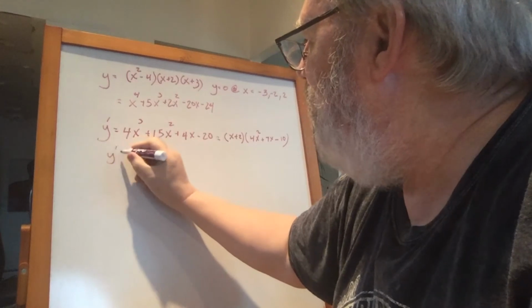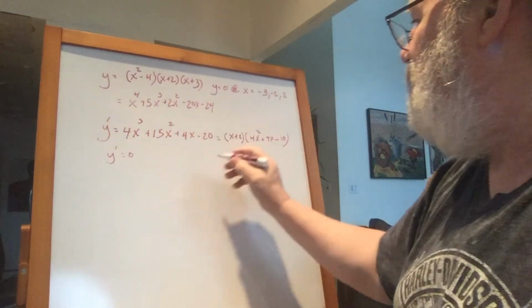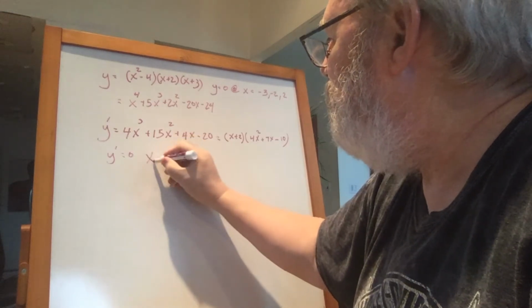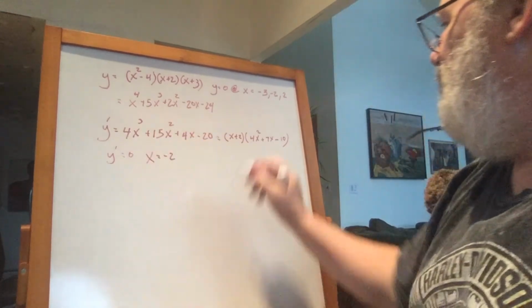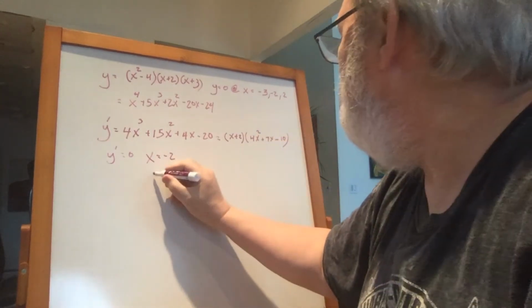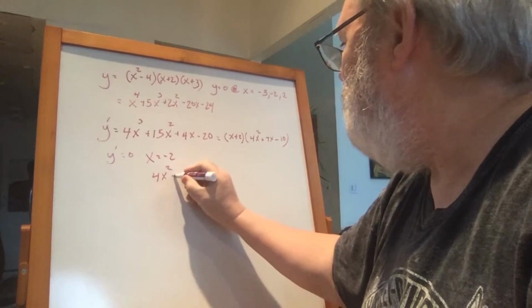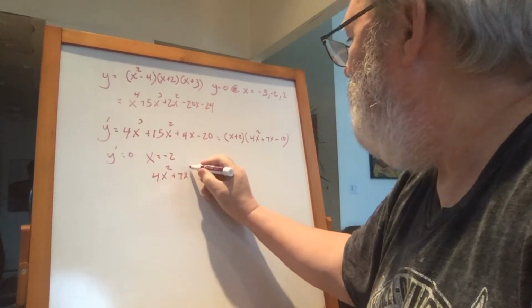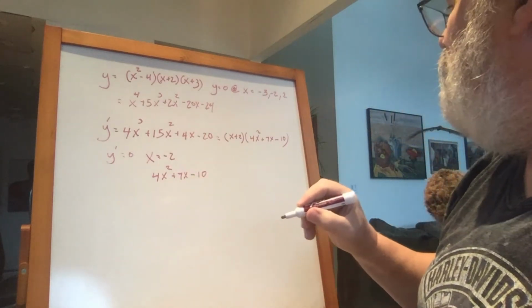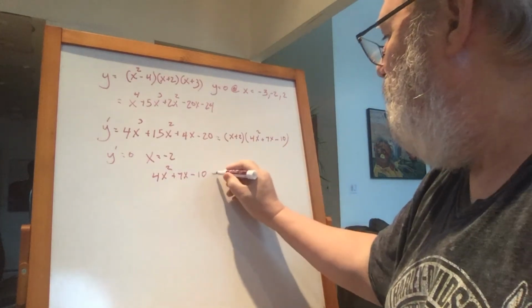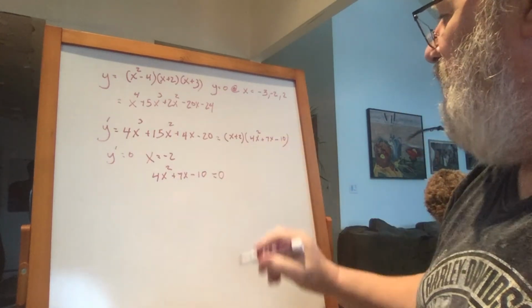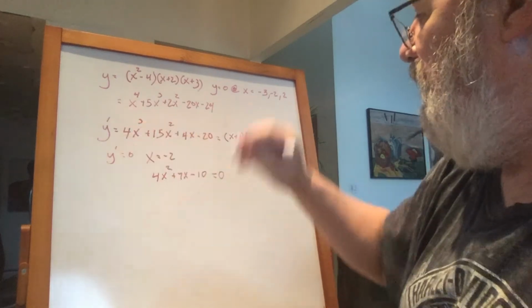Well, one of them is at x equals minus 2 from that term. And we want this term, 4x squared plus 7x minus 10, to equal 0. Because when that term is 0, then y prime is 0.